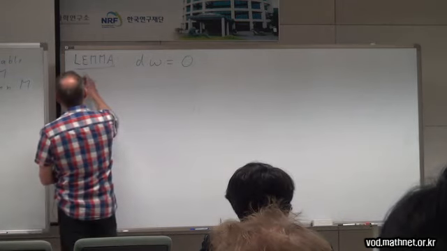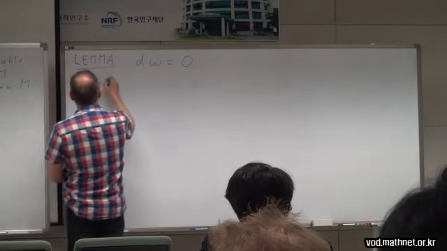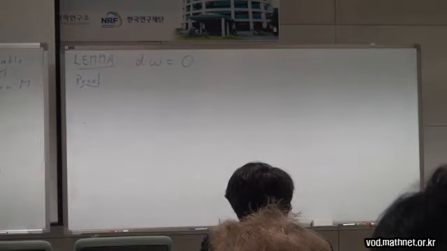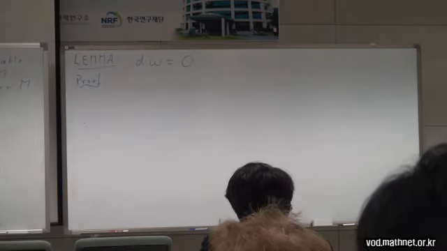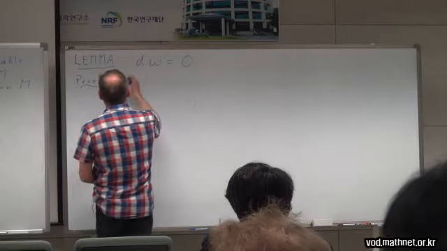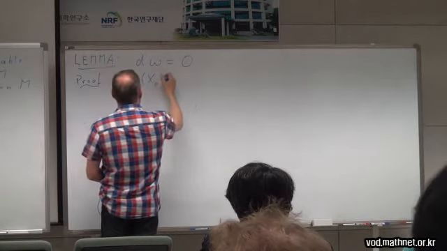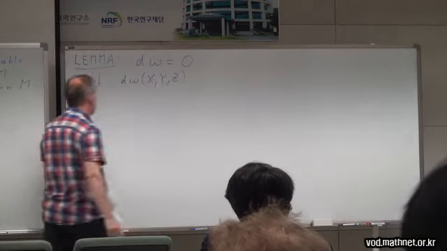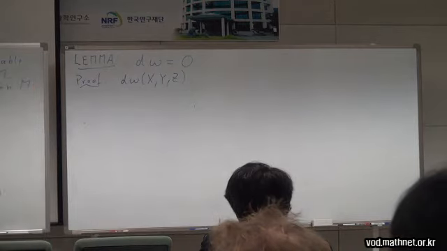And I want to at least indicate the proof, just to give you an idea of how to show this. So what we need to work out is this expression, d omega of X, Y, Z.